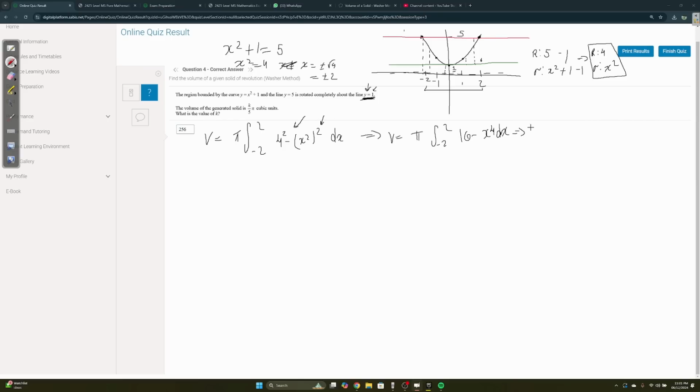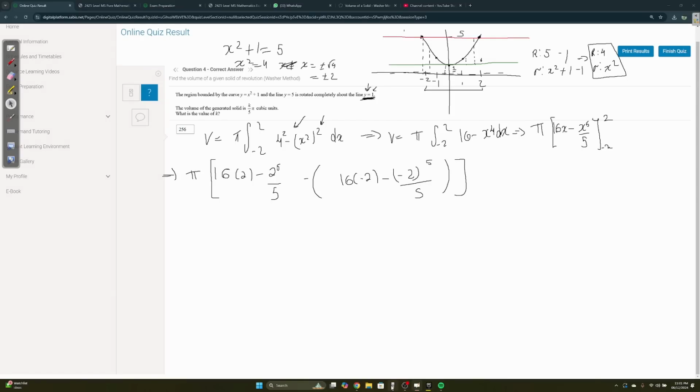Let's integrate this now. It's going to be pi times 16x minus x to the power 5 over 5, with bounds minus 2 and 2. So it's going to be pi times 16 times 2 minus 2 to the power 5 over 5, minus open brackets 16 times minus 2 minus minus 2 to the power 5 over 5, close the bracket.